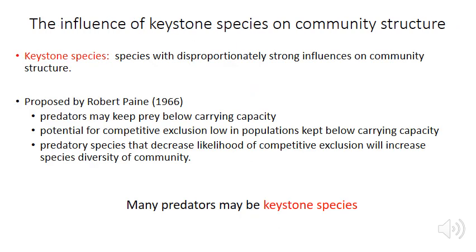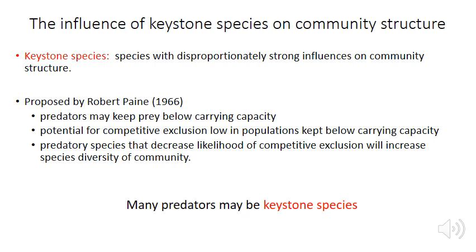So let's focus now on the influence of keystone species on community structure. A keystone species is any species that has disproportionately strong influences on community structure. And the idea of keystone species was proposed by Robert Paine in 1966. His idea was based on his observations of predators. So he saw that predators can keep prey species below carrying capacity.